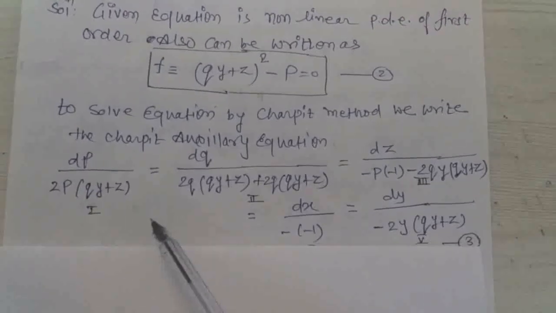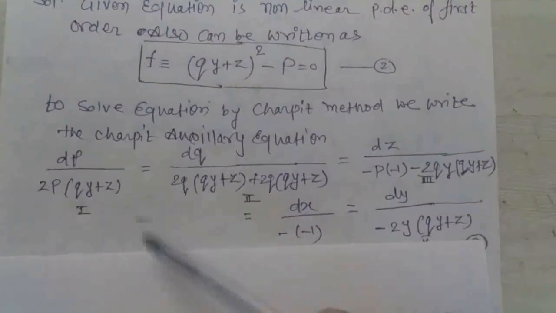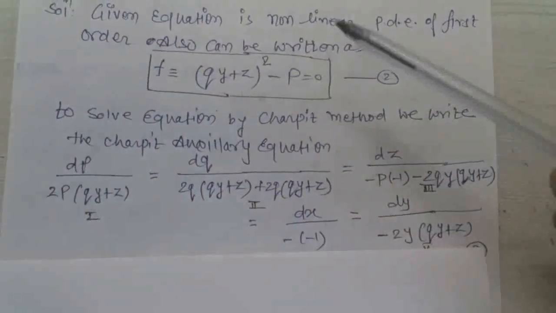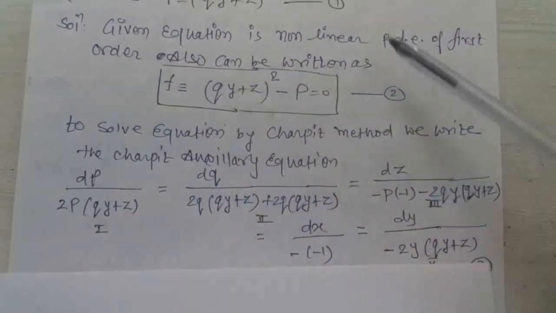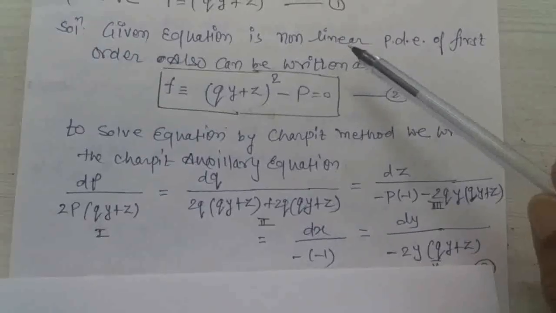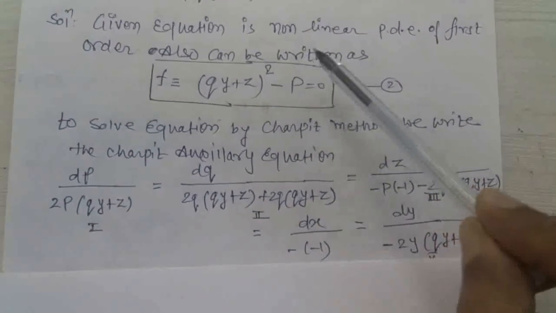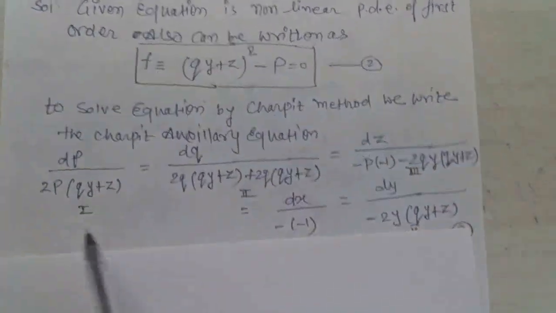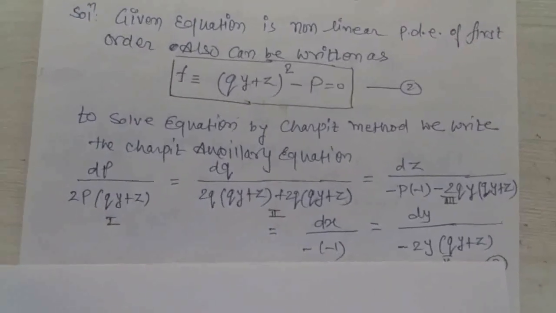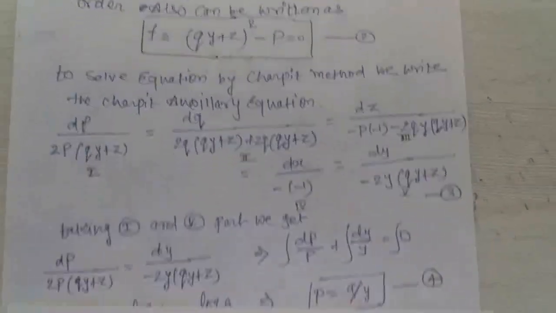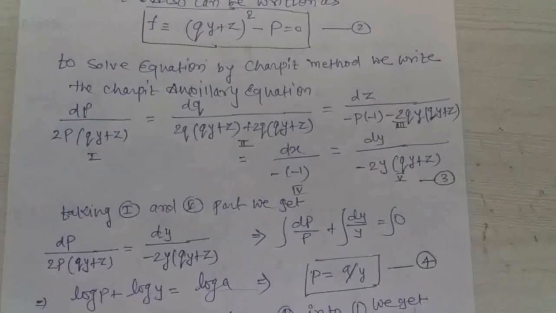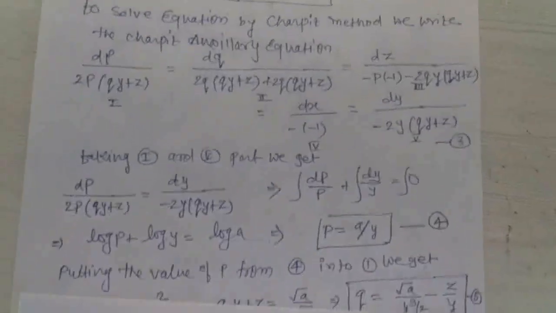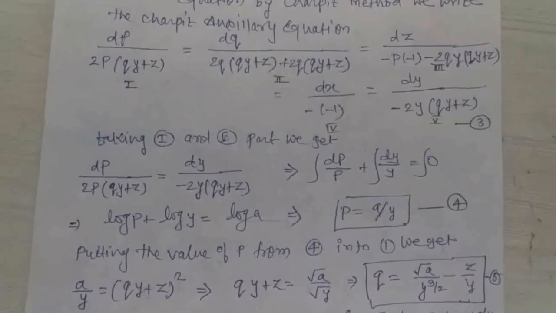But in that case, when we put the value of p in equation first, the solution of equation first is a little bit complicated. So to avoid the complication, we take the first and fifth part. So this is how we use the Charpit method to solve a non-linear partial differential equation.